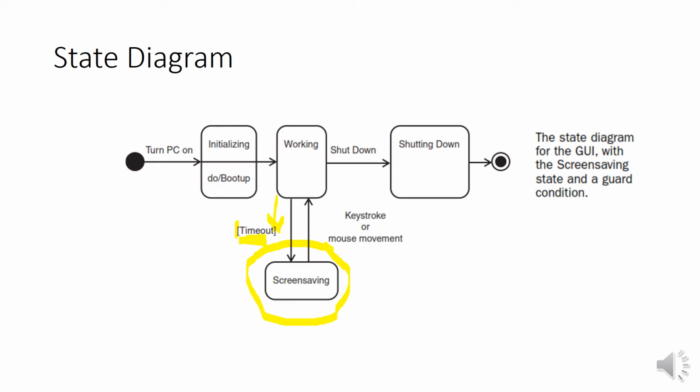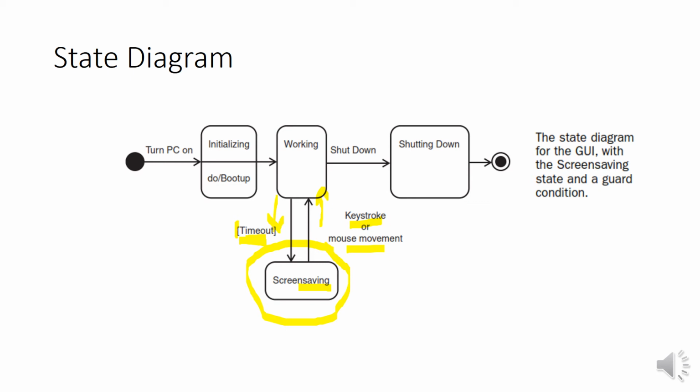When the GUI transitions from screen saving back to working state as a result of some keystroke or mouse movement, if you press a key or move the mouse, your system goes back from the screen saving to the working state.